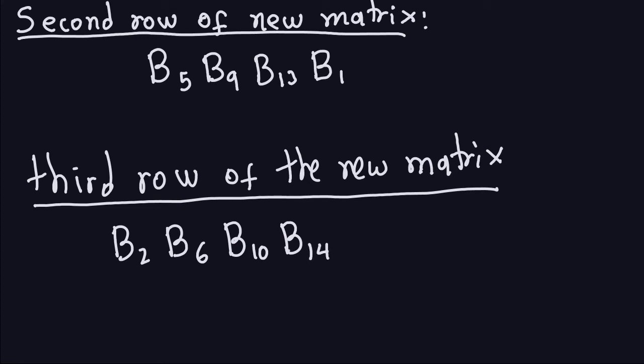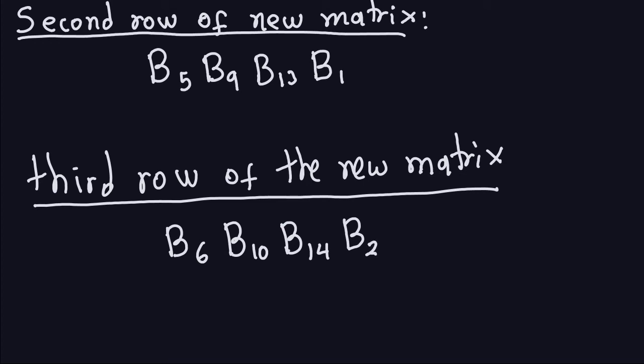Remember, because this is the third row, I need to do a shift of 2 to the left. So let's start with that shift. I have to do it twice. First I have to move the B2. I'm gonna erase that B2 and move it here. That is only one shift. Now I actually do the next one.